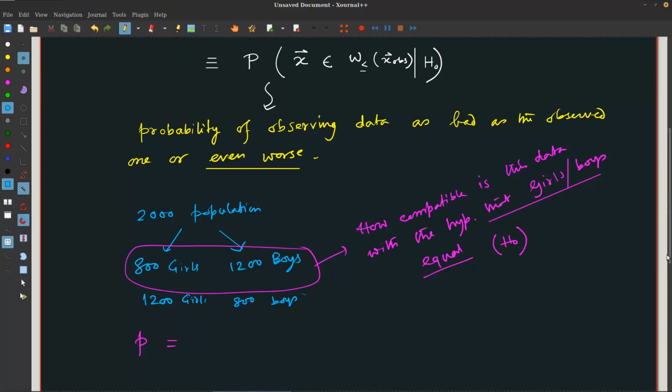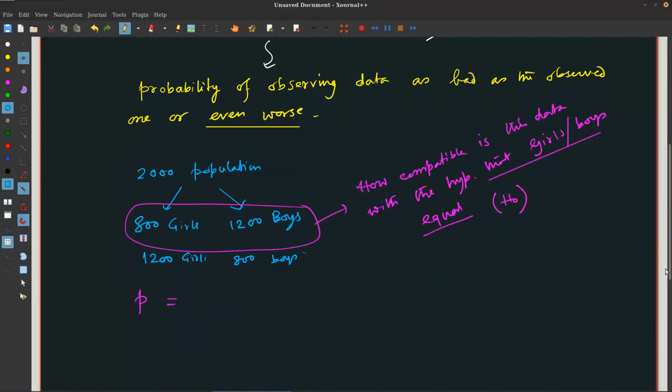So p is the probability of all those things happening together. Remember, the probability of observing x number of girls would be N choose x times half to the power x times half to the power n minus x. This is the H0, the probability to observe x girls.